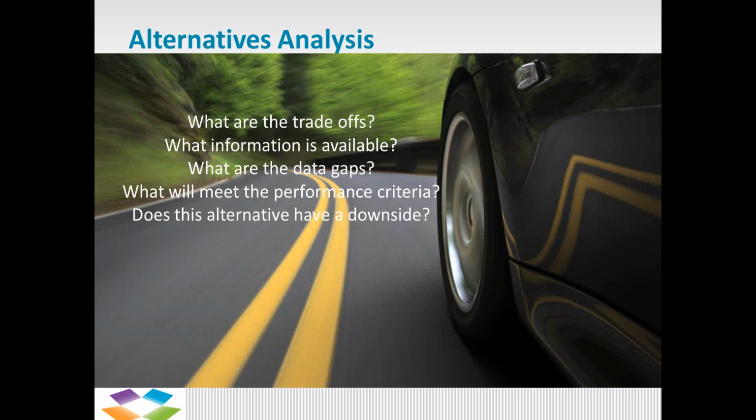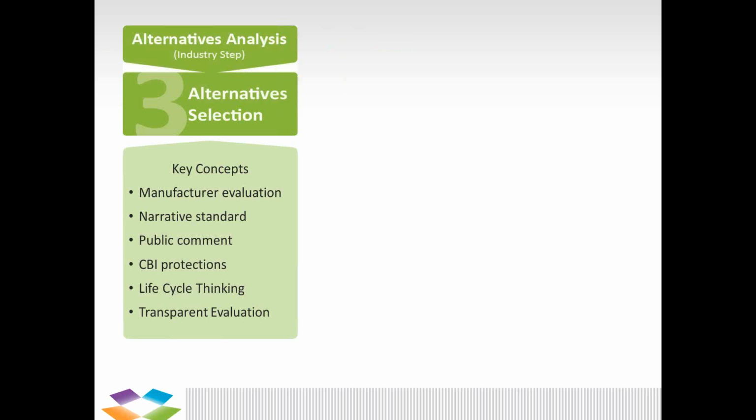Then I'm going to spend a little bit more time talking about our framework for AA and our guidance that we're developing on how to get through it. So essentially, one of the key things about our AA process, and this is something that causes great discomfort in some sense for some of the people who might be subject to the rule, is that it's really a narrative standard.